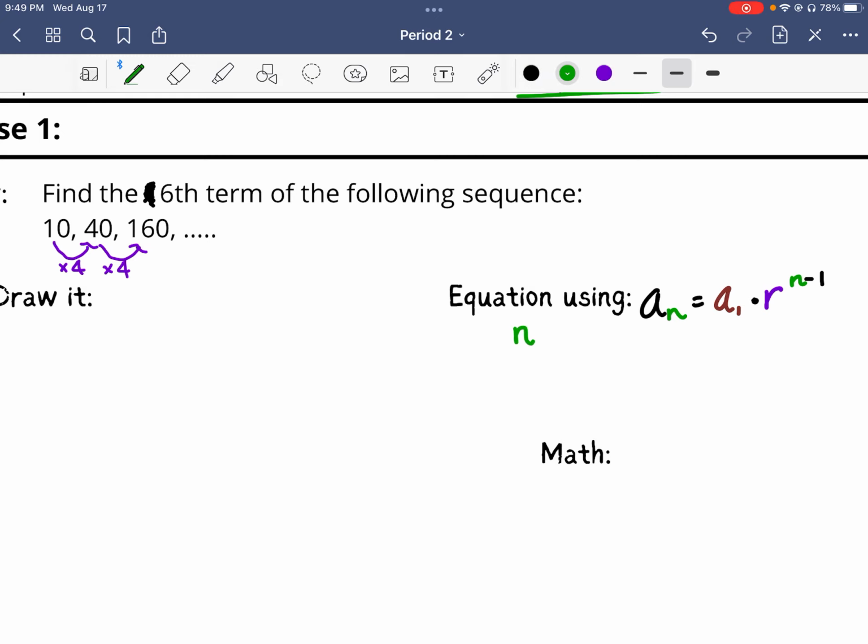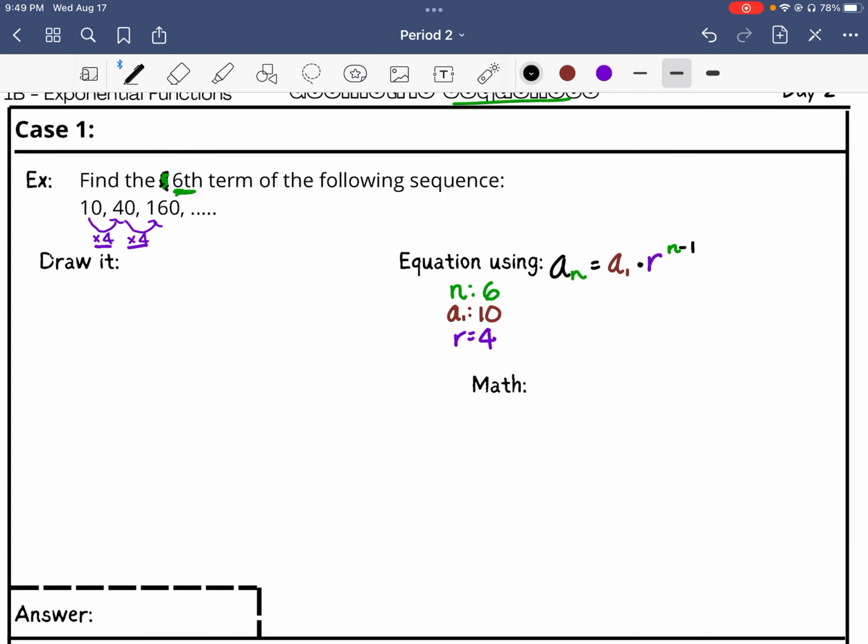We have to look for our n, our a1, and our r. N is the term we're looking for, the 6th term. Remember, we have a boo-boo back here, so this is going to be 6. A1 is our very first term, which is 10. And our r is how much it is jumping by, so it's jumping by 4.